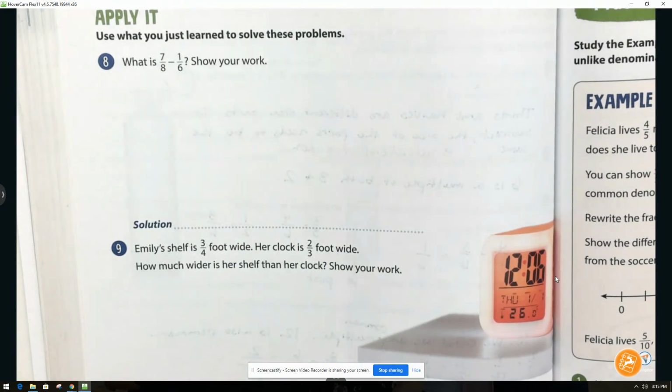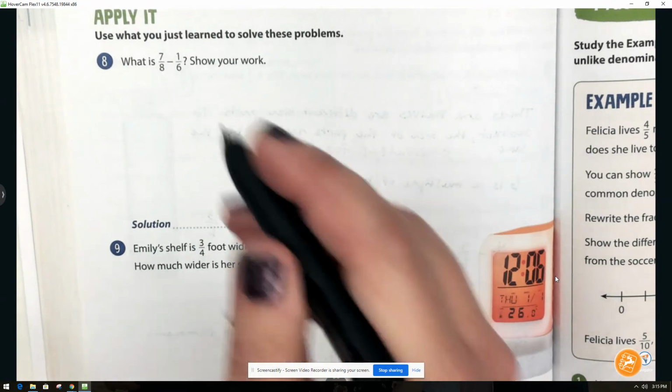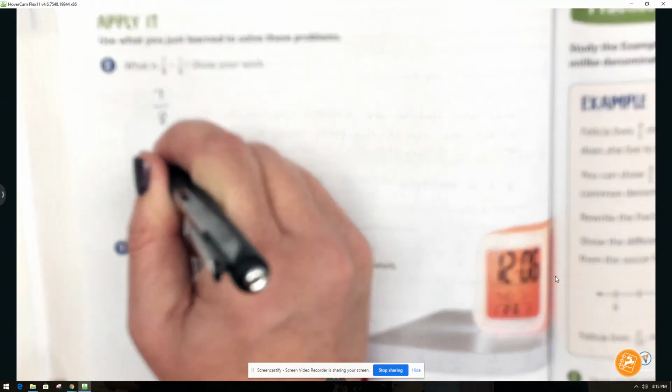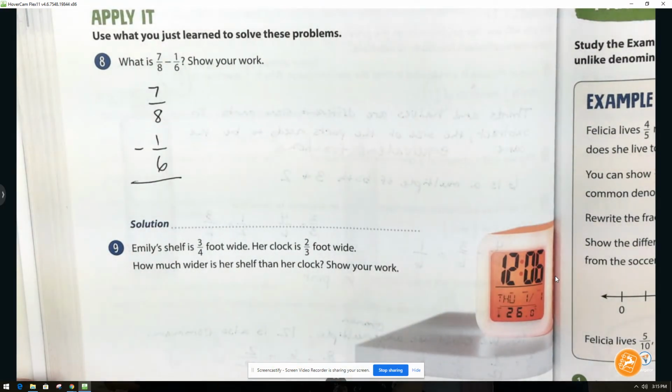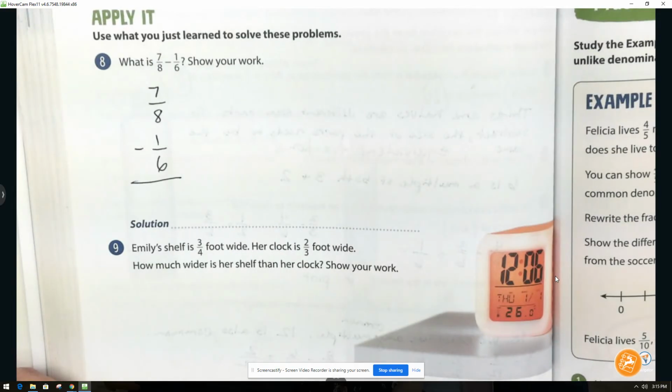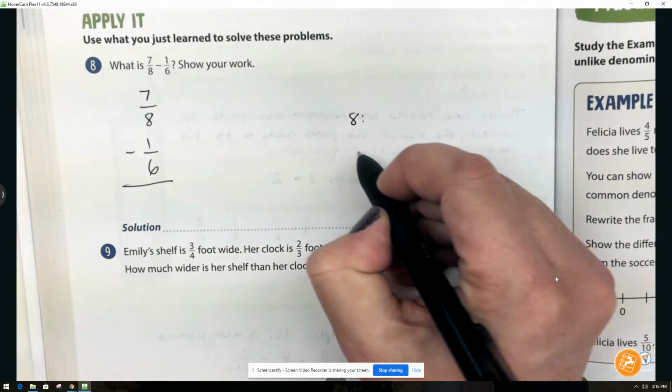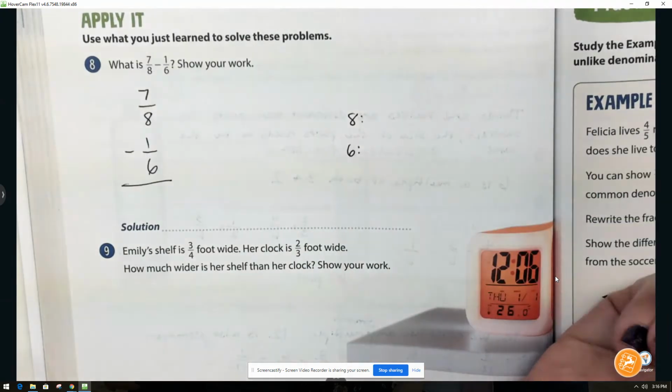So the first thing we're going to do is write this into sandwich formation just so it's a little bit easier to deal with. Then we're going to go ahead and make equivalent fractions using a common multiple. So we have to figure out what that common multiple is. So we have multiples of 8 and multiples of 6.